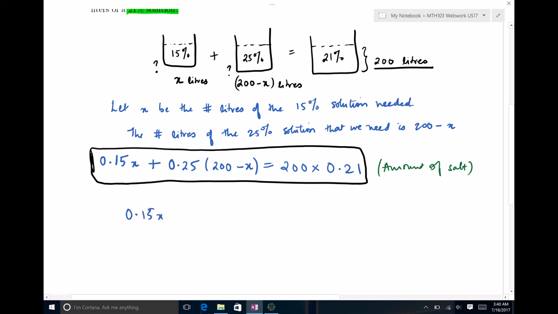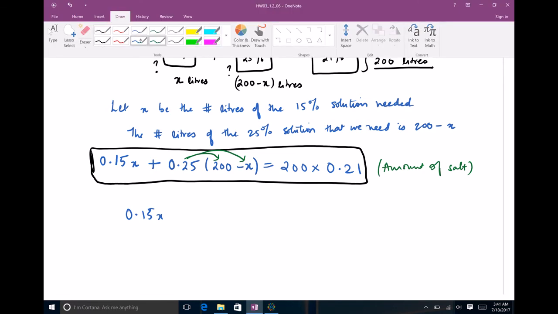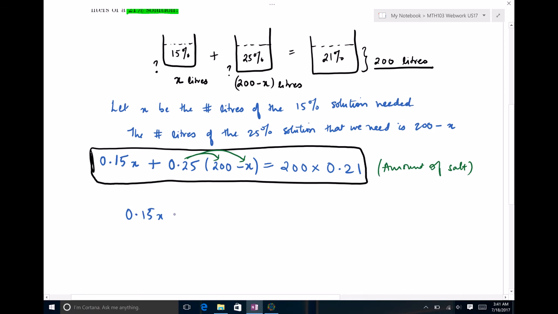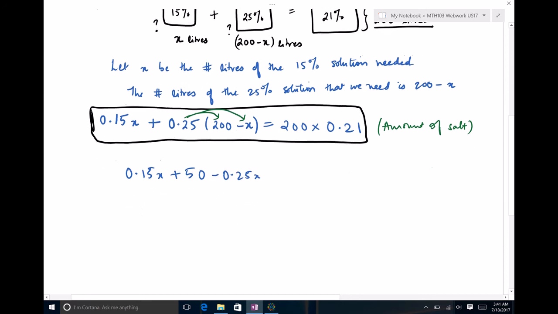So I have 0.15x. Now 0.25, I need to multiply it to both the numbers inside the parentheses. So 0.25 times 200 is a quarter of 200, so that's 50, and 0.25 times negative x is negative 0.25x.